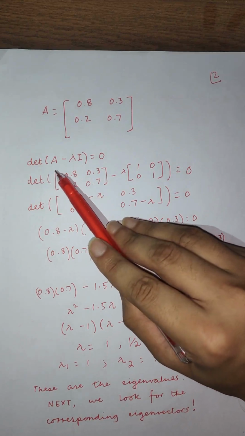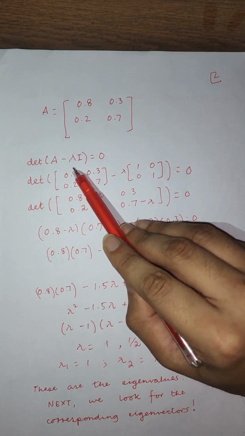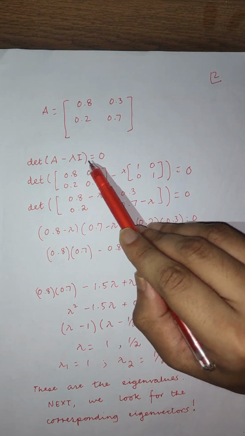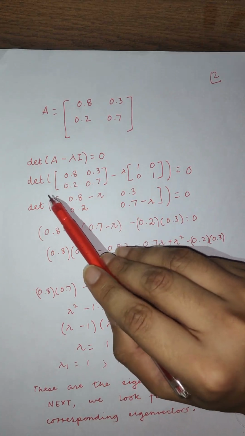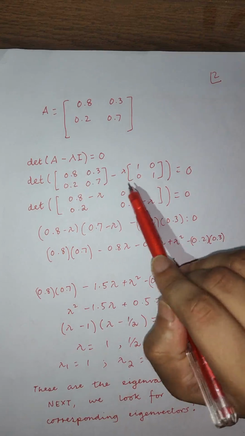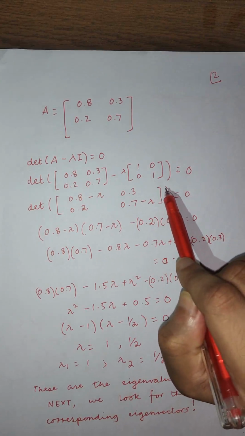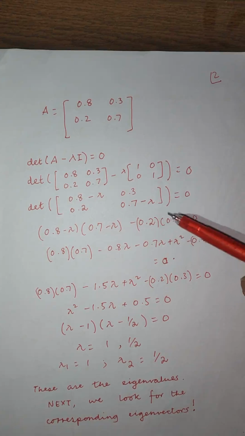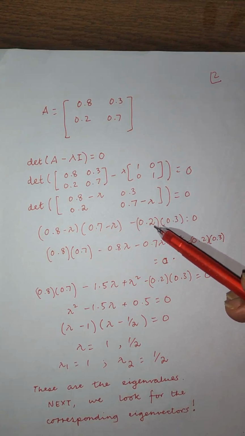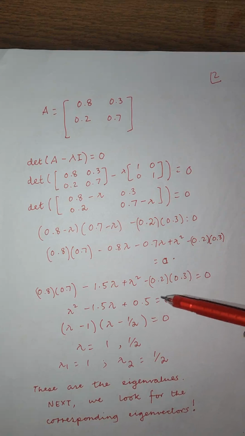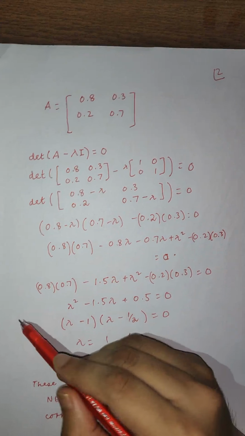So the determinant of matrix A minus lambda times the identity matrix would be 0. So the determinant of A minus lambda I, where I is the identity matrix, must equal 0. And then we perform the algebraic calculations, and we keep on moving till we get to this point.